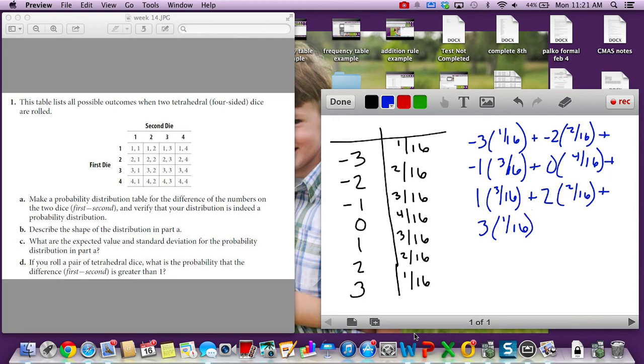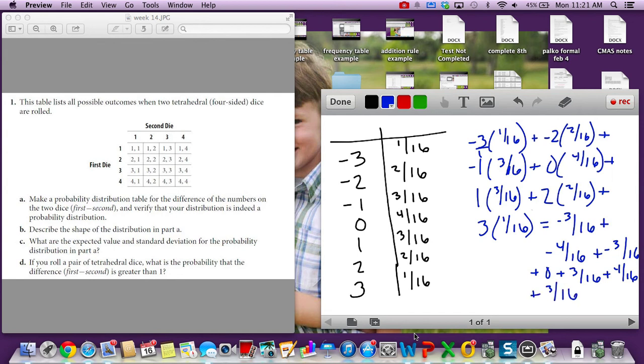And it doesn't say anything in here about absolute value or anything. So we have then -3. When we multiply times a fraction, we multiply the top. So think about this as -3 over 1. So -3 over 16 plus -4 over 16 plus -3 over 16 plus 0 plus +3 over 16 plus +4 over 16 plus +3 over 16.